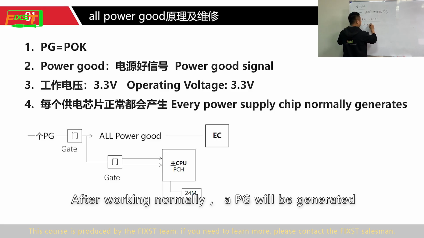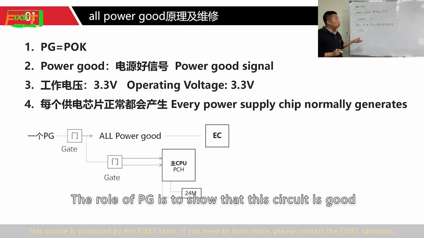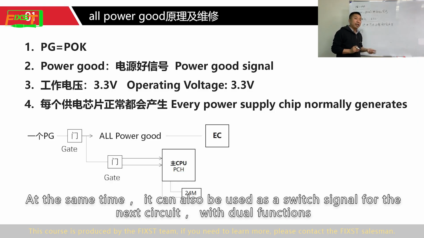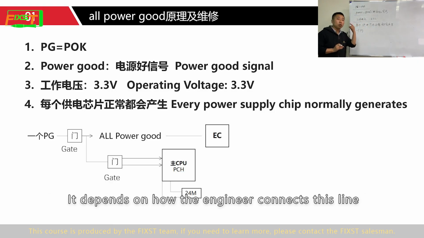After working normally, a PG will be generated. The role of PG is to show this circuit is good. At the same time, it can also be used as a switch signal for the next circuit, with dual functions. It depends on how the engineer connects this line.